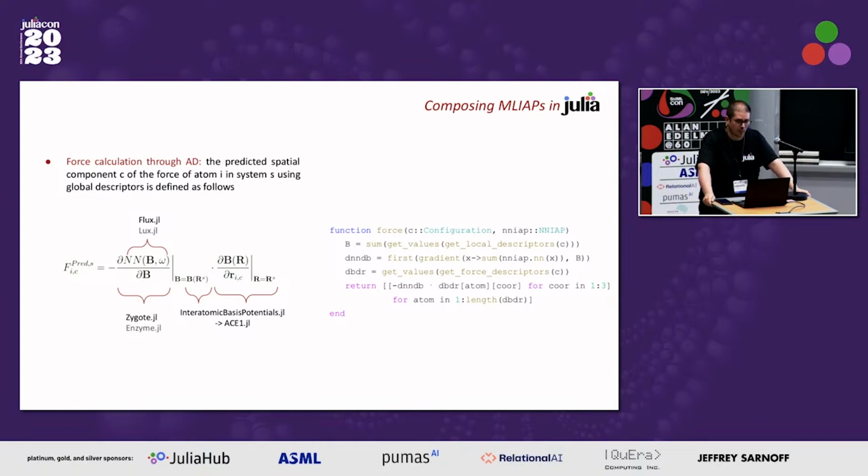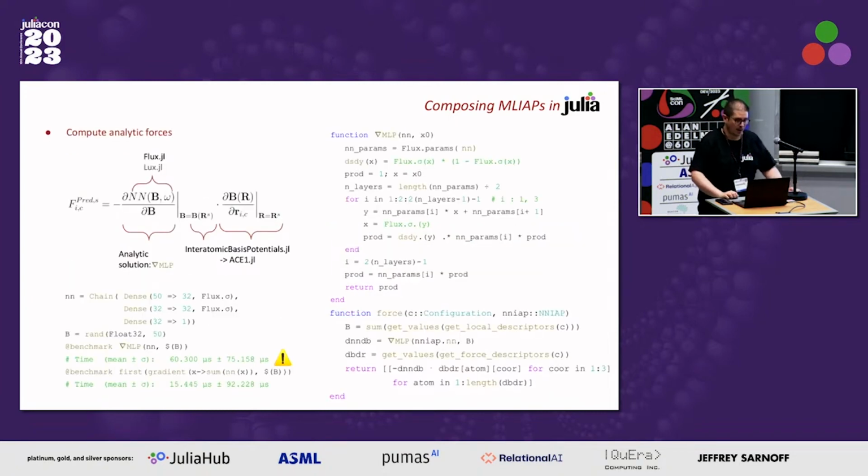And Julia provides very interesting tools for that, like Zygote, like Enzyme, that are integrated to machine learning frameworks, also in Julia, like Flux or Lux. We need to be careful if we want to compute the energies, the gradients analytically, because sometimes using automatic differentiation can meet or exceed the performance of analytical versions.